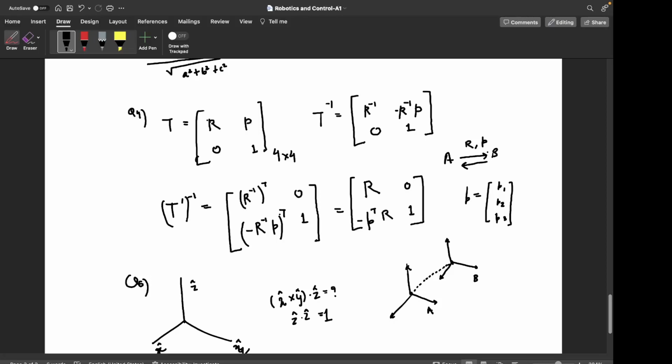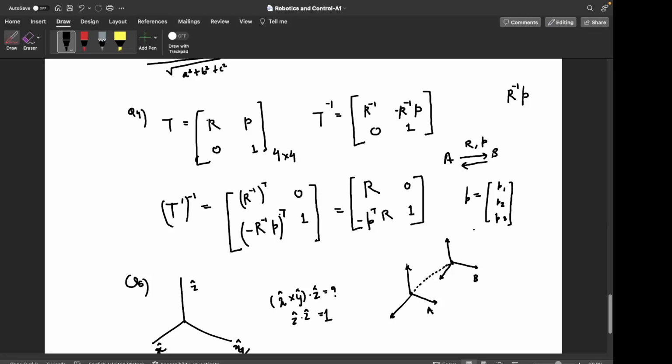So R inverse will transform from B to A. So what we want to do is this R inverse P. What this is doing is that it is first transforming this column vector from B frame to A frame basically, right?